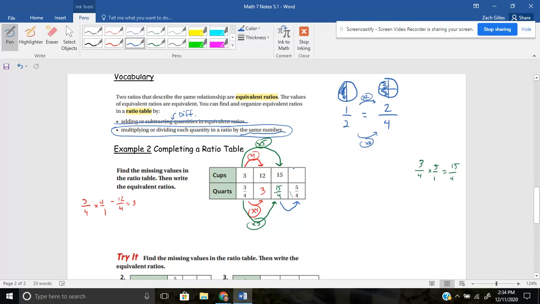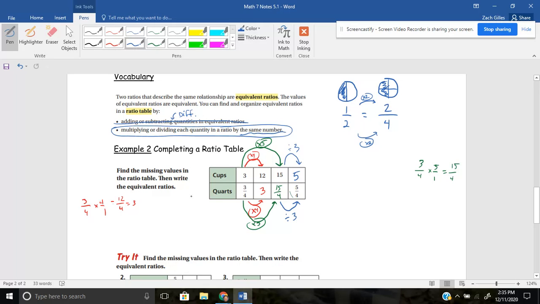Well, some of you might say, well, yeah, Mr. Gillis, divide by 3. On bottom, you have to divide by 3 on top to give you 5. And if you needed to check, again, do like I was doing here and show your work on the side. So now I've got this complete.